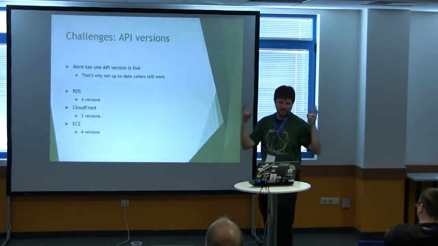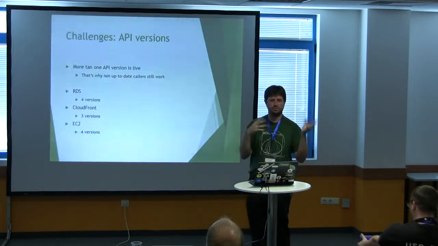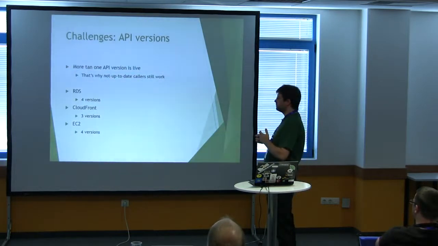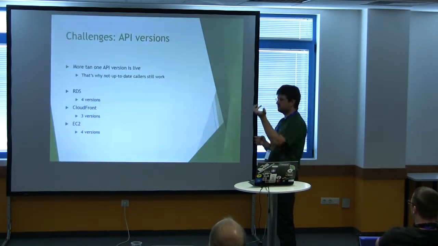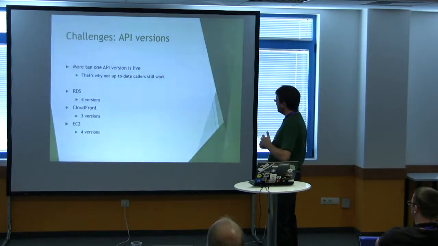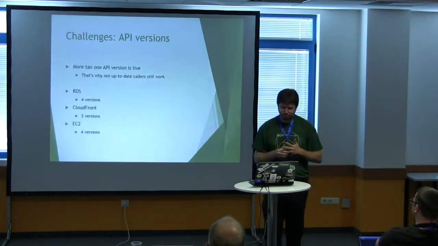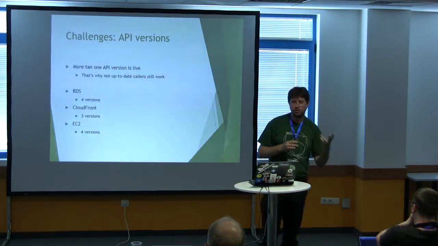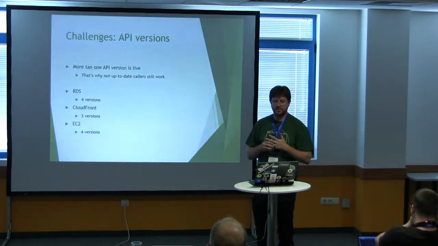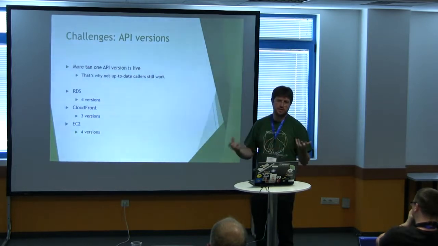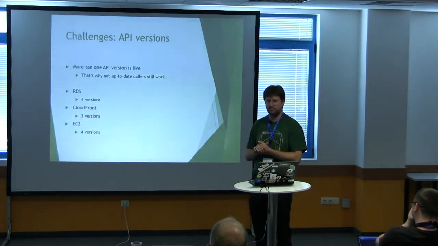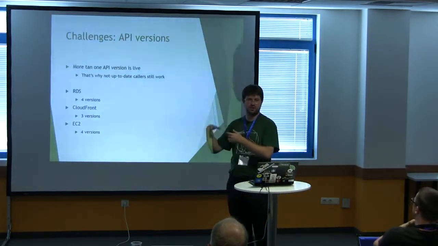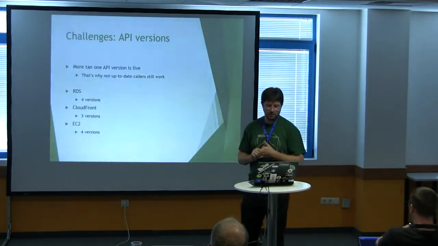They promise that they won't break backward compatibility as long as you hit that endpoint. So you have more than one live API that works. The thing is that if you want to build an SDK and have the new features, you have to change your API to be calling the latest version.